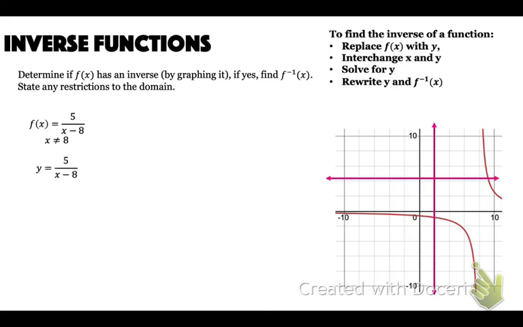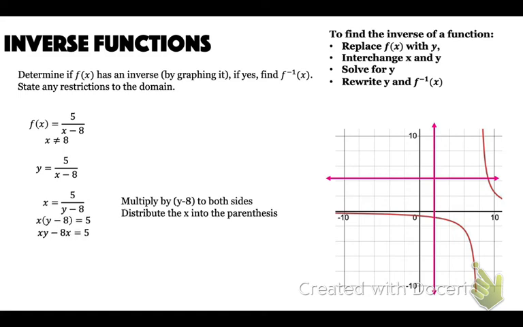So I have y equals 5 over x minus 8. Switch my x and my y. Multiply by y minus 8 to both sides. Distribute that x in. So I have xy minus 8x equals 5. Add the 8x. So I have xy equals 5 plus 8x. And then divide by x.